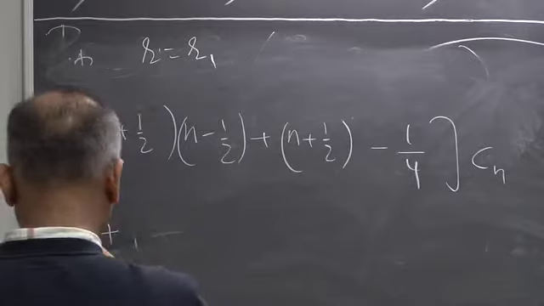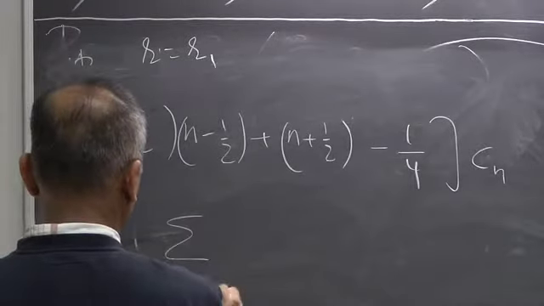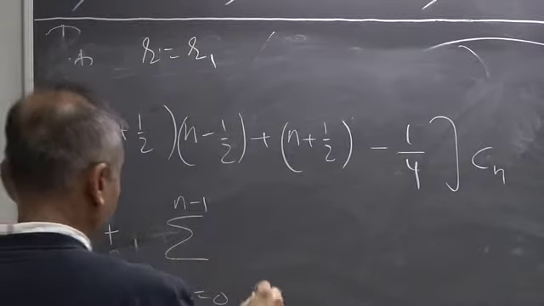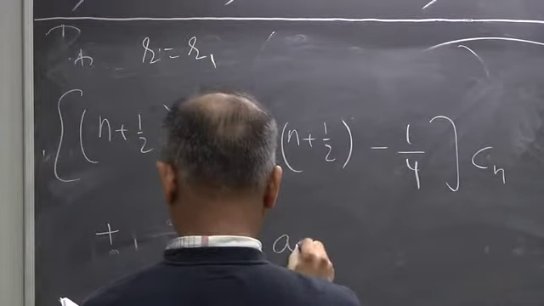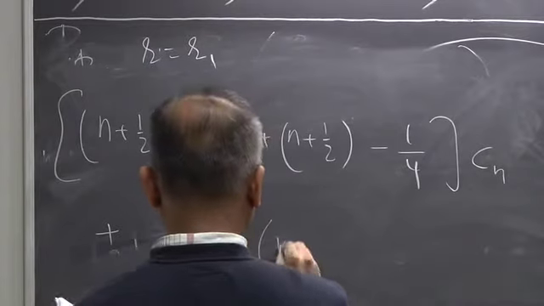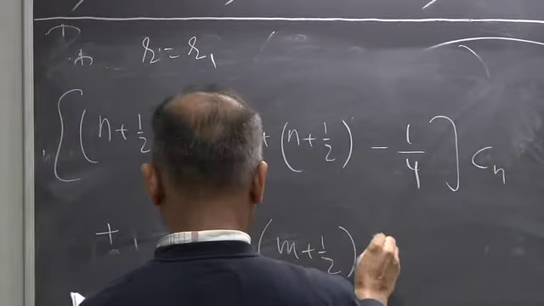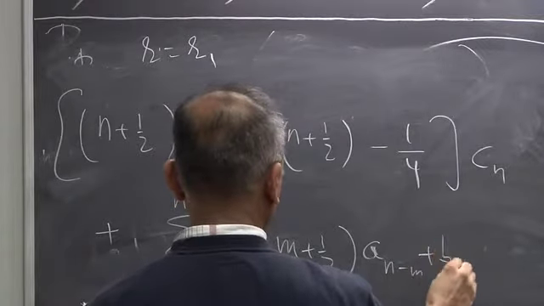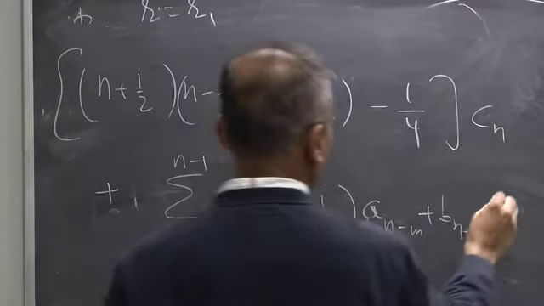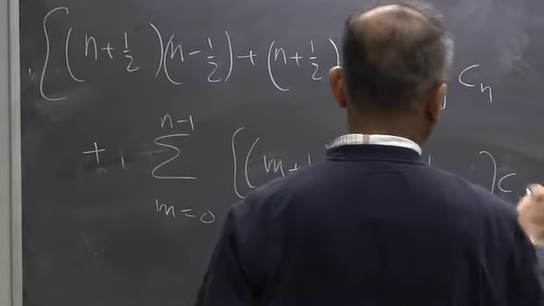plus sum m equal to 0 to n minus 1, and you have (m plus half) a_{n minus m} plus b_{n minus m}, c_n equal to 0.